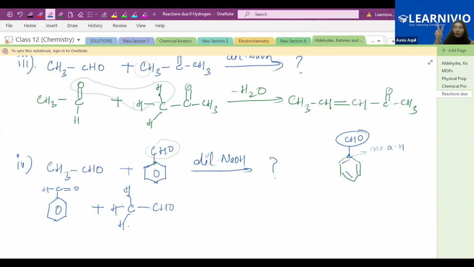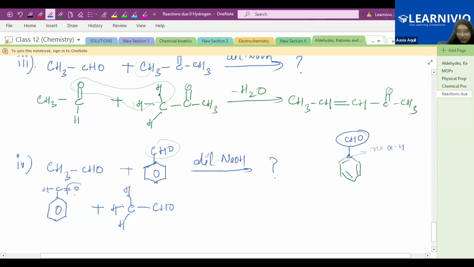You have to remove two hydrogens from one alpha carbon and one oxygen from the other compound. So you will choose the compound which has no alpha hydrogen and just remove oxygen from that.